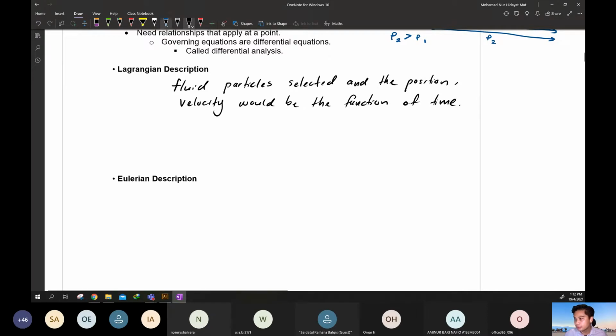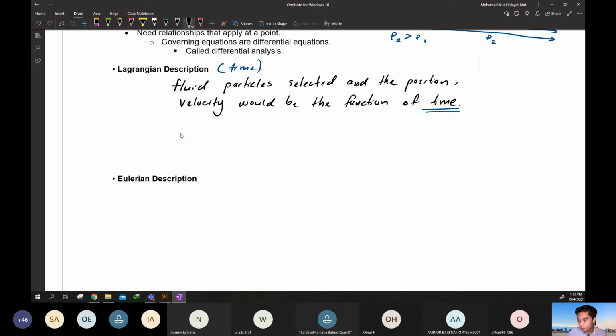That means this is dependent on time. Lagrangian description relies entirely on time. So the fluid particle that is selected, and the positions and the velocity, will be functions of time. For example, I will give you one example.